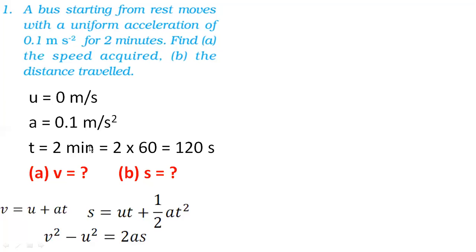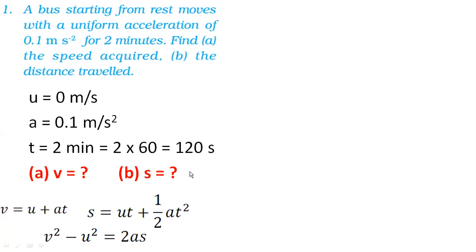So they're asking the final velocity, the value of v, and in the second case they're asking the distance, the value of s. These other values are already supplied to us.